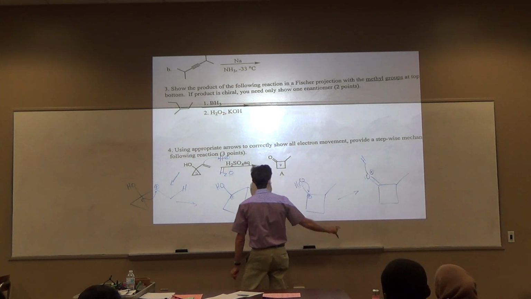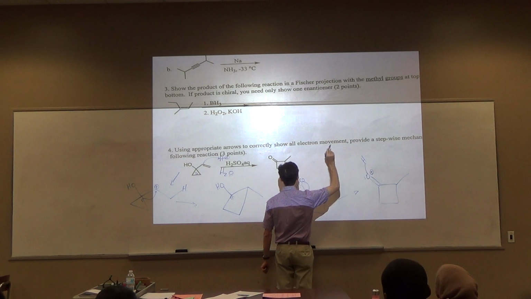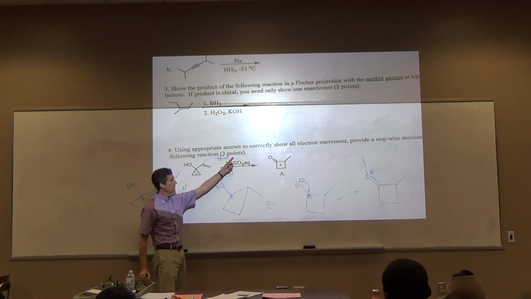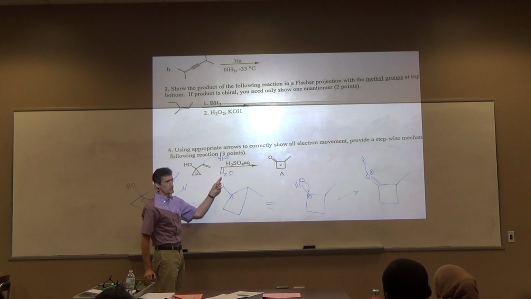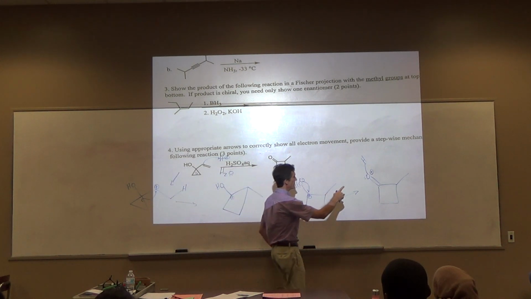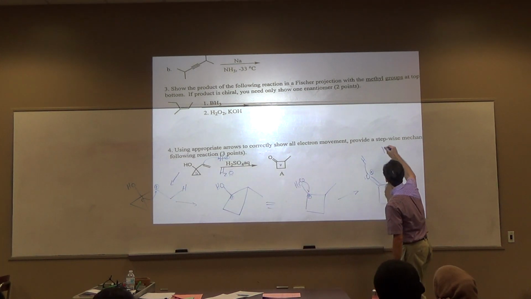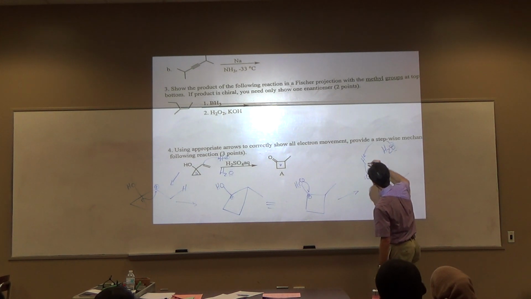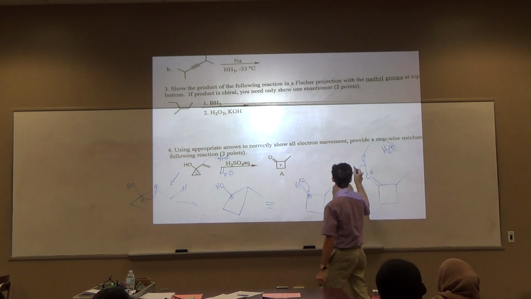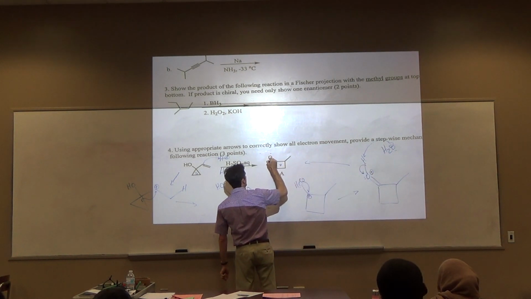Water. We need to take this H. What takes it? Same old answer. It can either be the HSO4 minus that takes it, or you can use water to take it. Because how does sulfuric acid exist in water? H3O plus. So you can form H3O plus. These electrons take the H, these electrons stay behind. Classical acid-base reaction. What does that give? That gives that.